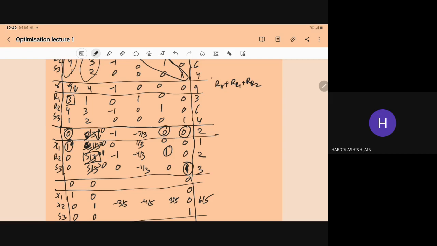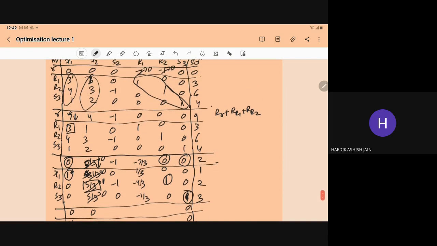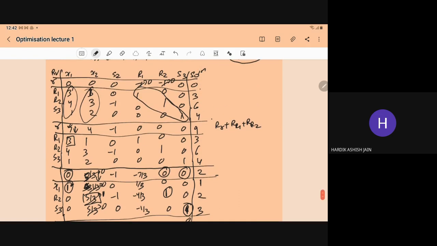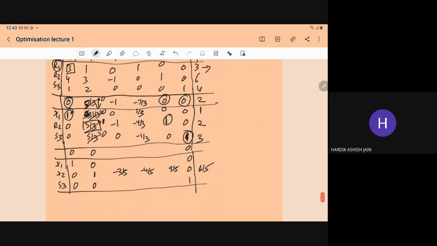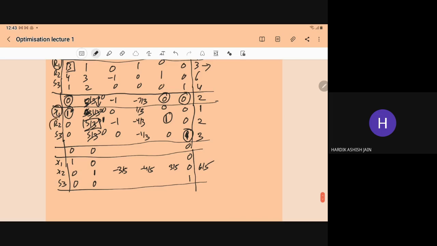First thing is this. Now, when I say x1 is the entering variable and r1 is the leaving variable, then this is the pivot element. So r1 will be replaced by x1. That's why here we have written x1, r2, s3.